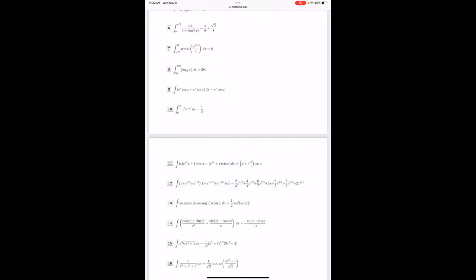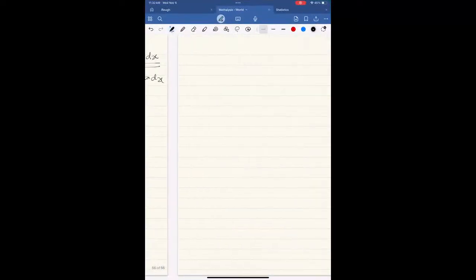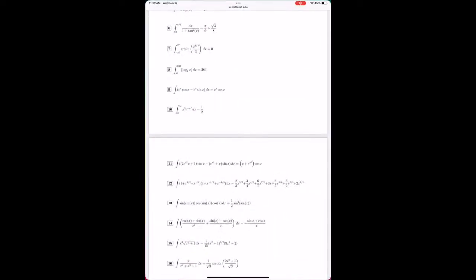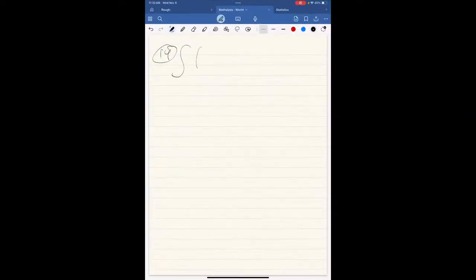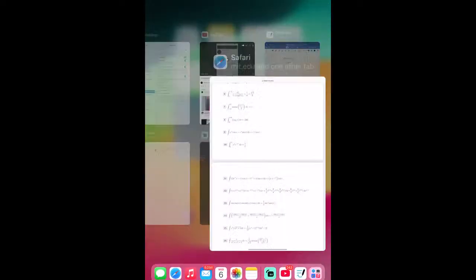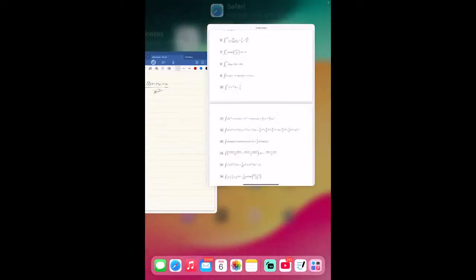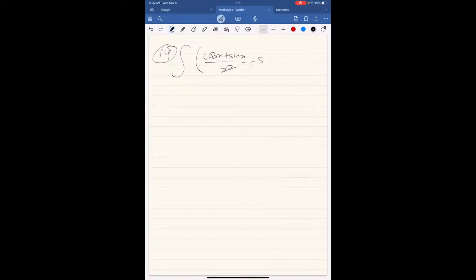Let's go to number 14. Integral of cos plus sine by x square, plus sine minus cos by x, dx. Cos x plus sine x by x square, plus sine x minus cos x by x dx.